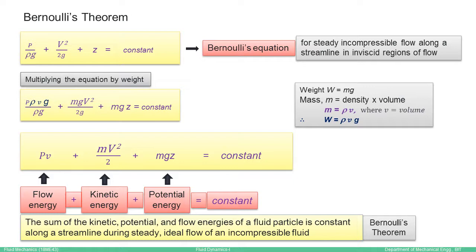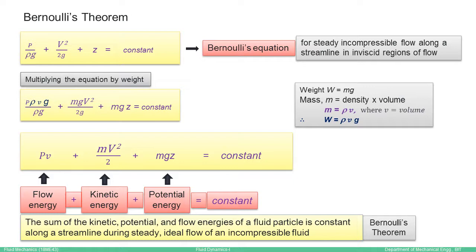This is very important to understand here, that the total energy, which is the sum of all these mechanical forms of energy, flow, potential and kinetic energy, remains the same for a fluid particle along a streamline for these assumed flow situations. That is Bernoulli's theorem. Bernoulli's equation is the simplest equation which can be used to analyze a flow situation.